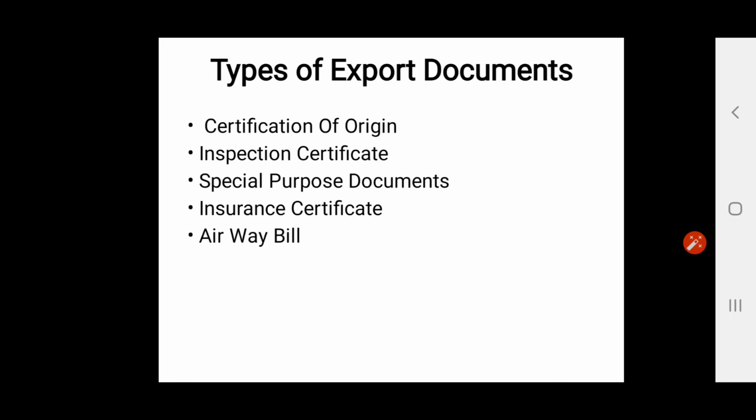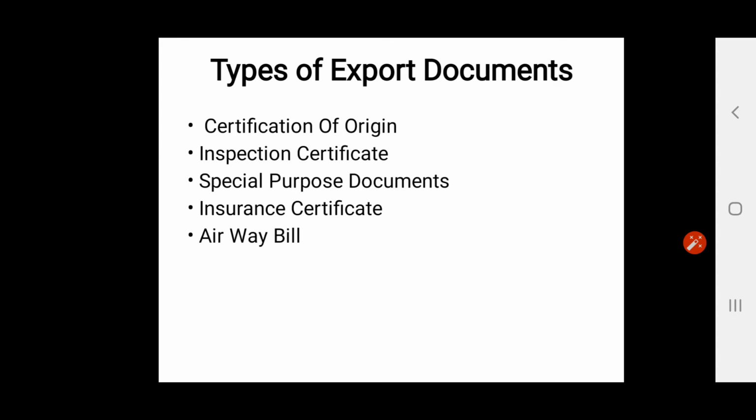It may be on the shipper's own letterhead or a countersigned certificate by the Chamber of Commerce. It identifies that a particular merchandise originated in a particular country: made in India, made in China, made in Japan. Such origin is certified by the manufacturing country, and that is what we call certification of origin.